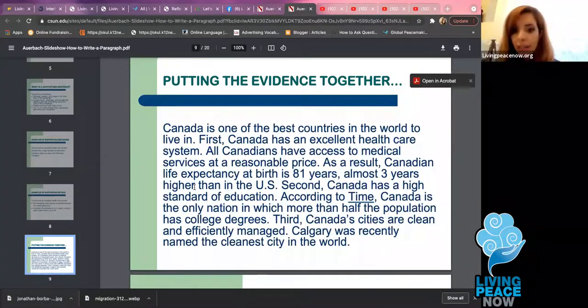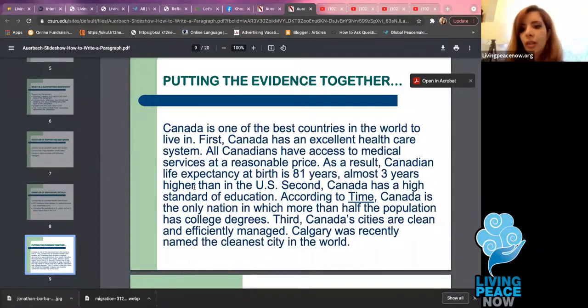All right, thank you. Here it reminds me to speak about something also: connectors. In a paragraph, after you have put together your evidence, we also need connectors for coherence. So you have here, for example, as a result, second, first, according to, and third. These are important words or expressions.